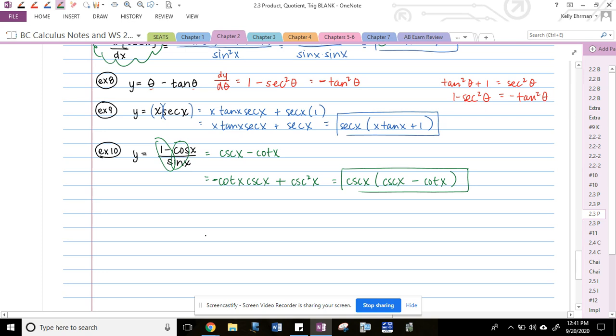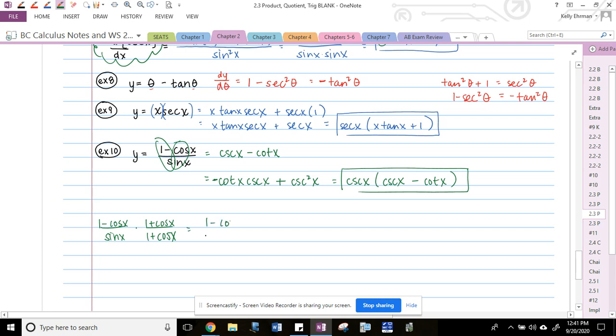I could maybe keep going. What was the other option? Sometimes it's helpful to, like if this would have been more than one term with the sine x, it might have been helpful to multiply by the conjugate, 1 plus cosine x over itself. This is something we did in our trig identity days.